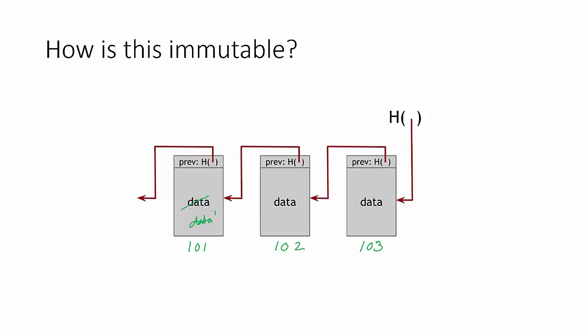This would change the content of the entire block 101, but this means the hash of that block also changes. Changing the hash of block 101 that is contained in the header of 102 changes the content of block 102.